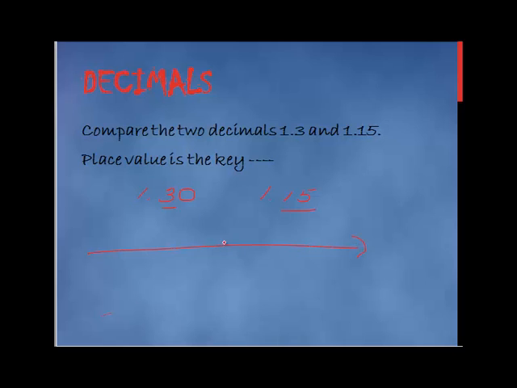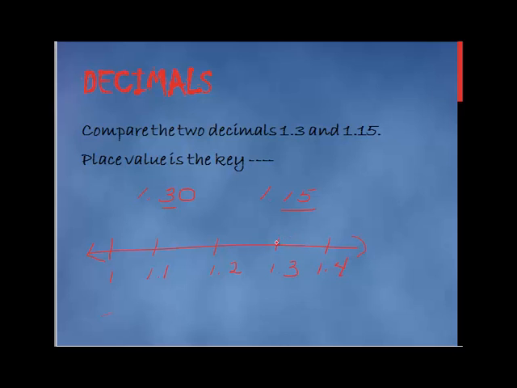So we have our number line, and we're going to start out with 1, and then we're going to have 1.1, 1.2, and we need to go up to 1.3. 1.3, and we'll do one more, 1.4.